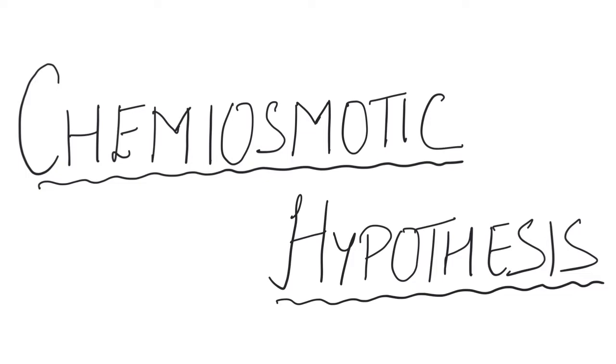Till now we have just seen that the electrons are transported from photosystem 2 to the electron transport system. From there, it moves to photosystem 1, and there it converts ADP into ATP and NADP plus to NADPH, right?